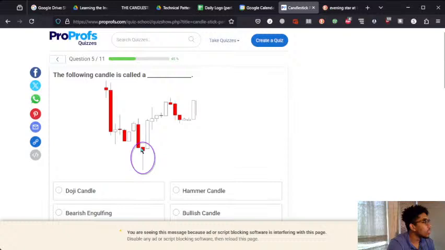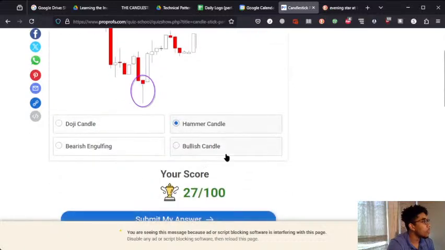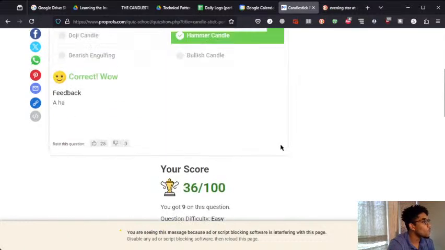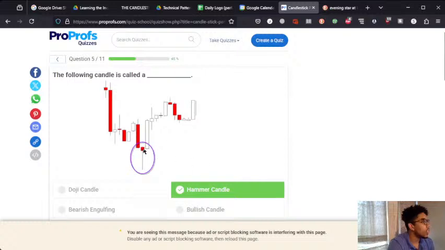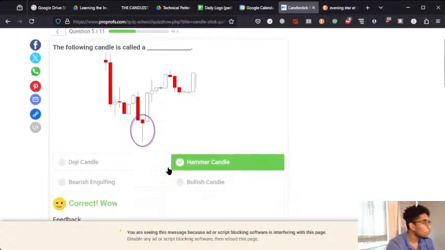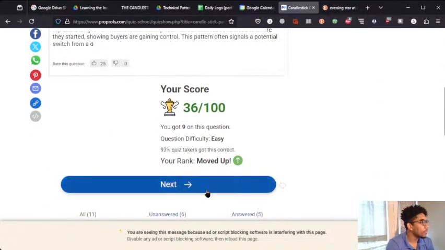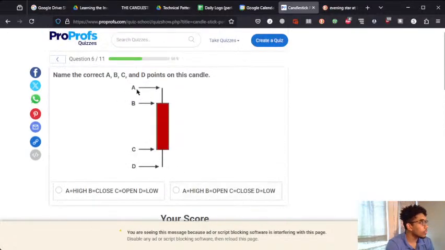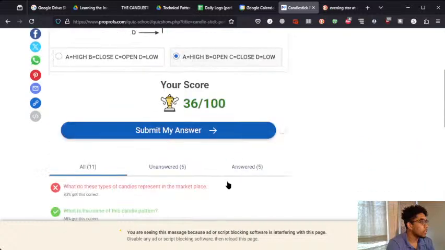Then we have a hammer. Right, it looks like a hammer, and it's at the bottom of a downtrend reversal. A is the high. No, A is the high. So because this is a bearish candle, it opened here and it closed here. So it's got to be this one.